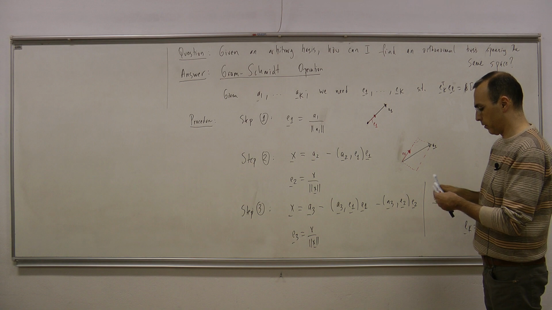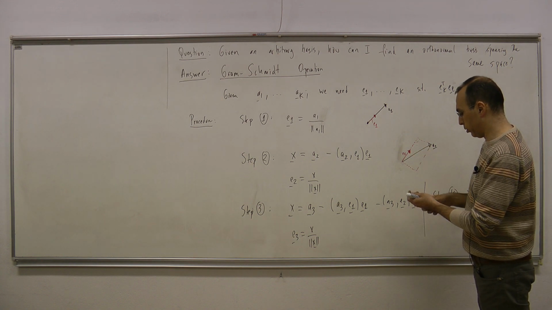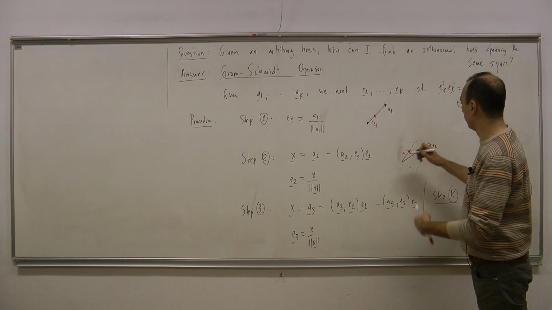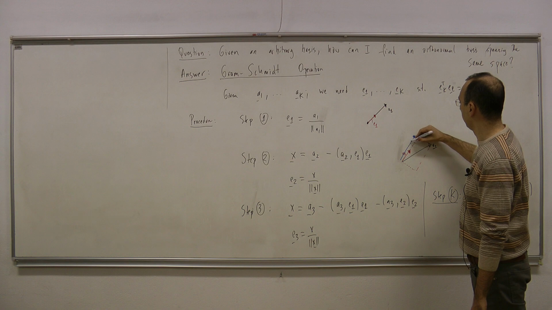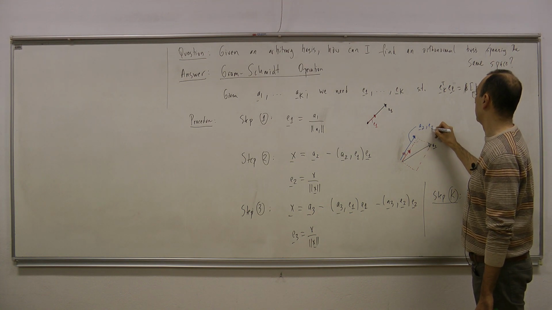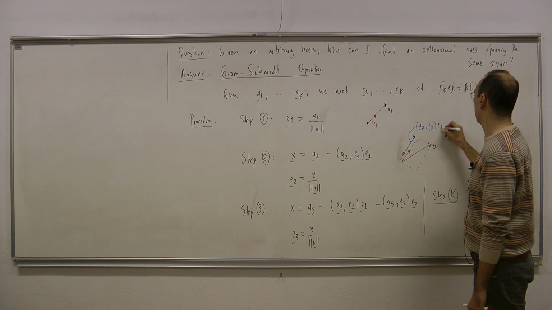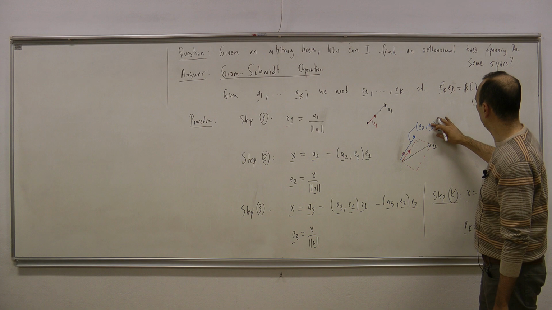So I have this vector. It is equal to this vector, which is nothing but the projection result of A2 on E1, times E1. Sorry, E1.